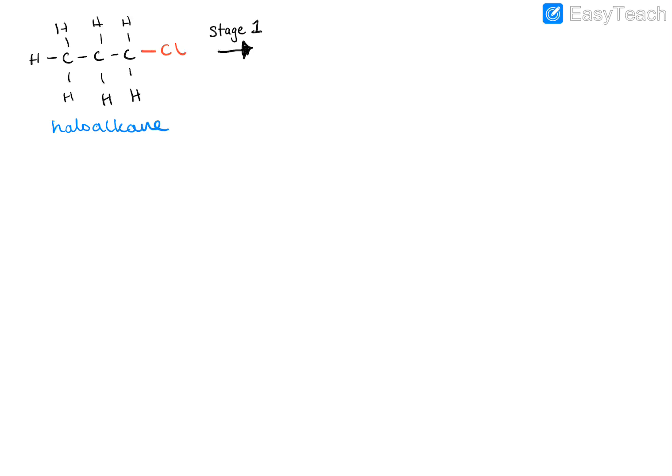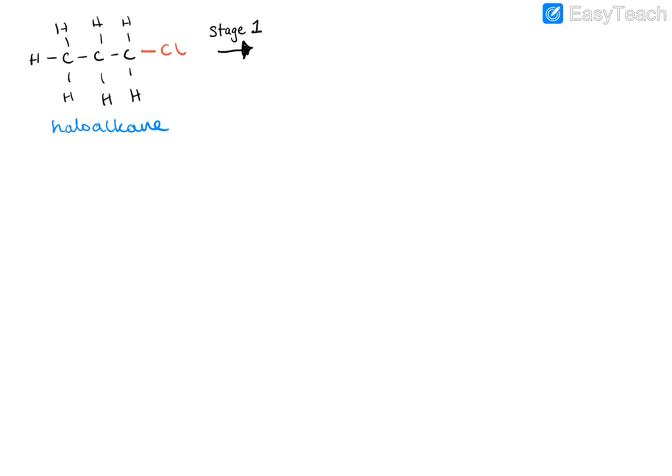So let's recap before we move on to stage 3. You know your starting molecule, and that is a haloalkane. That is going to go on to form your intermediate in stage 1.